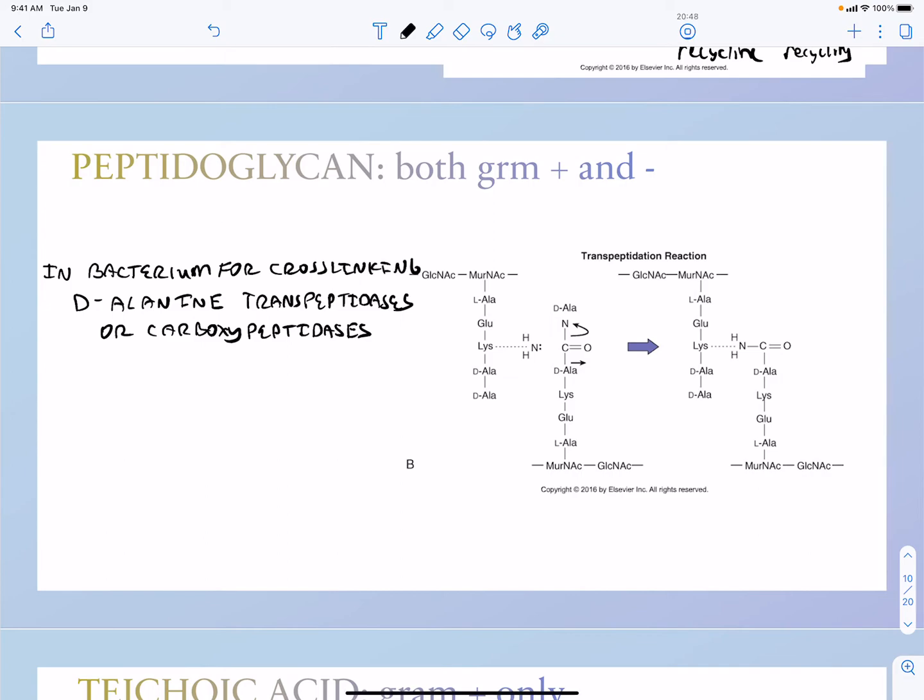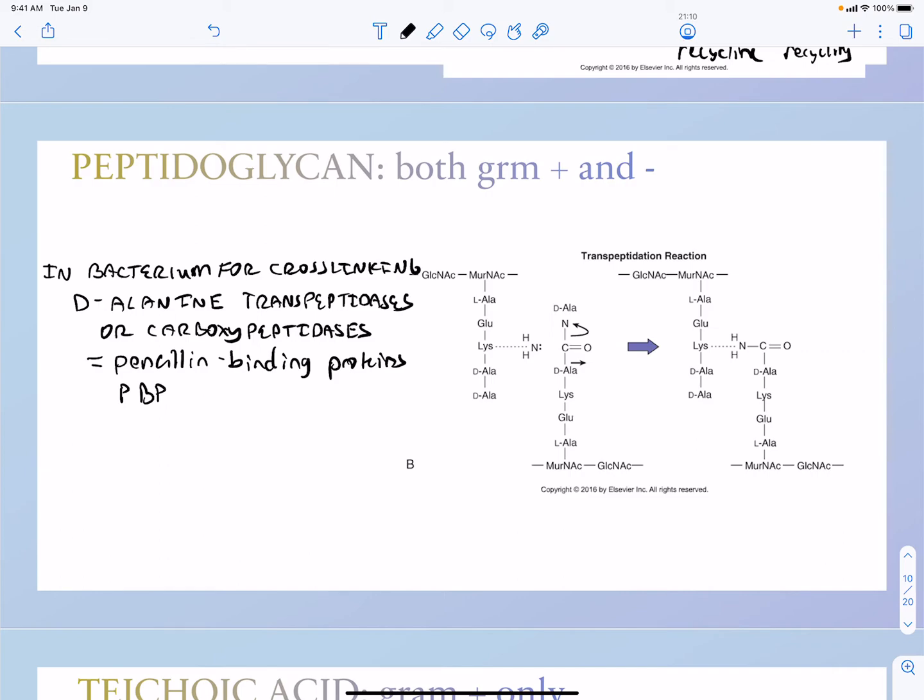And what these are really called are penicillin binding proteins, or PBPs. Now, when penicillin was first discovered, of course, the mechanism of action was not known.